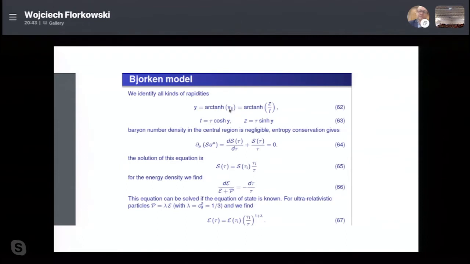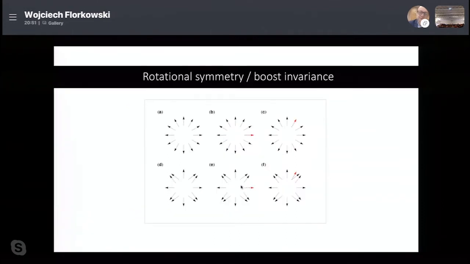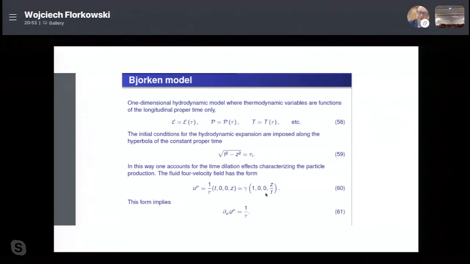But in the Bjorken model, we assume that all fluid elements move with the velocity which is given by equation 60. We identify the longitudinal velocity from this expression, that is z over t.